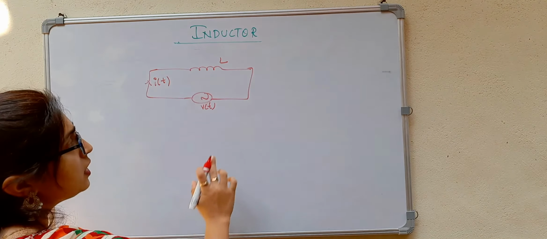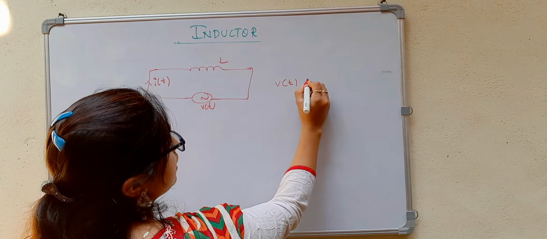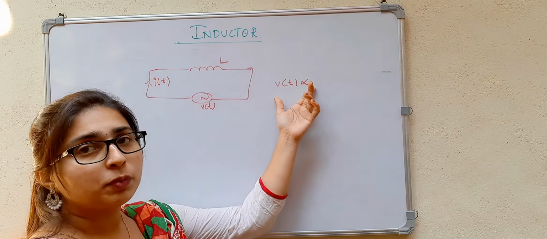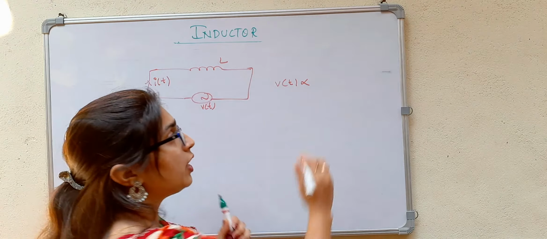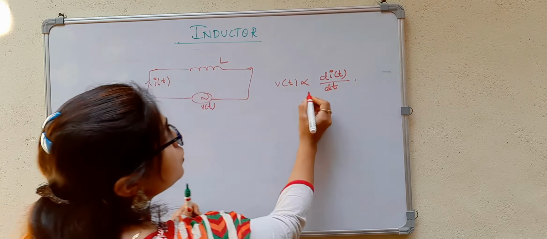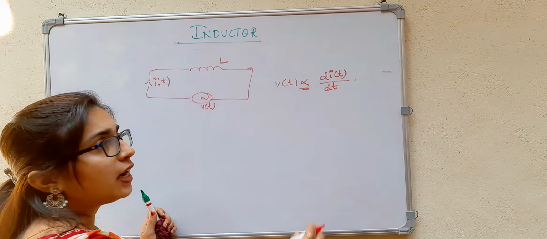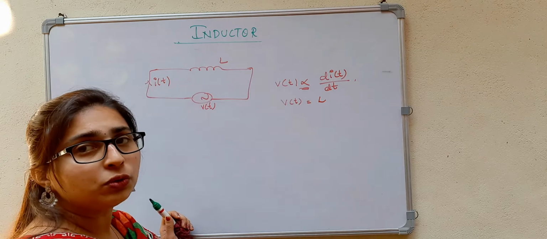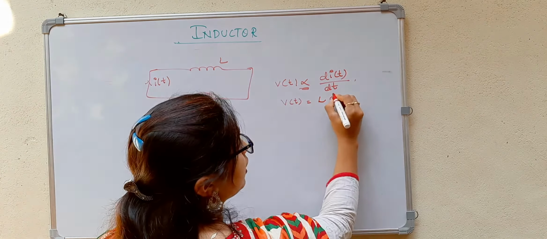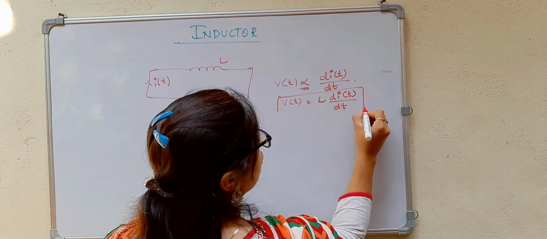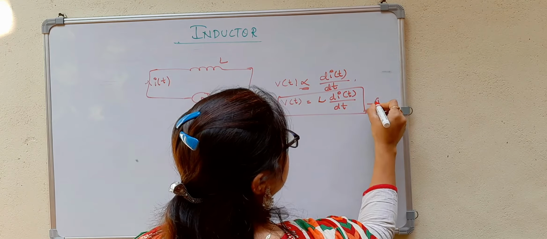Now the voltage across the inductor is directly proportional to the rate of change in current. If I remove this proportionality sign, we get a proportionality constant, which is the inductance, measured in Henry: V of t equals L di t divided by dt. This is one formula you have to remember.